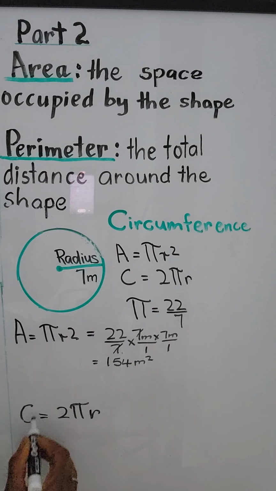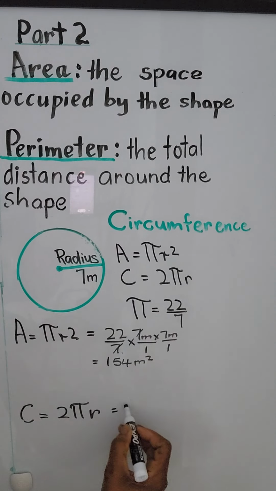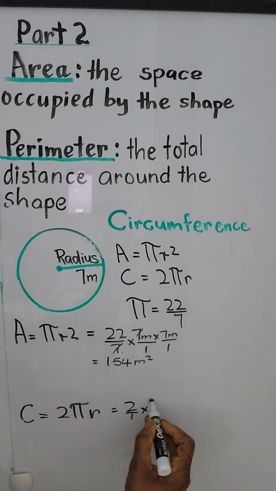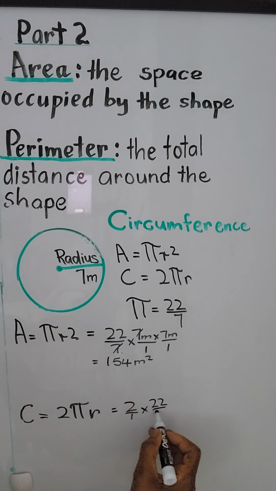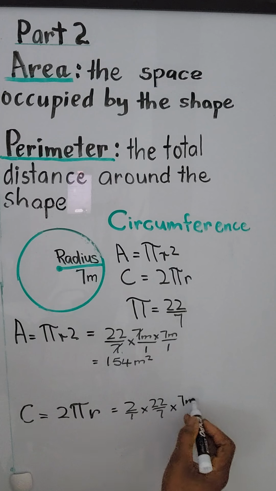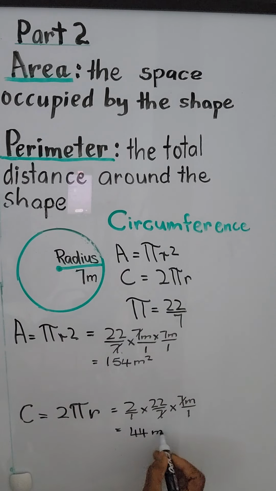Let's find the perimeter, or the circumference. 2 pi r, 2/1 times 22/7 times 7 meter over 1. 7 cancels 7. 22 times 2 is 44, and that is meter.